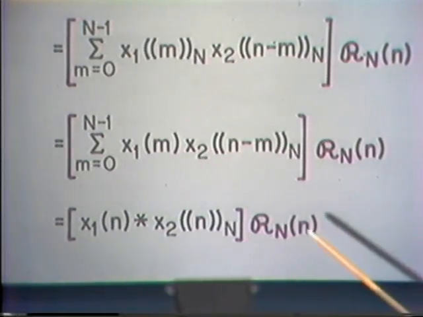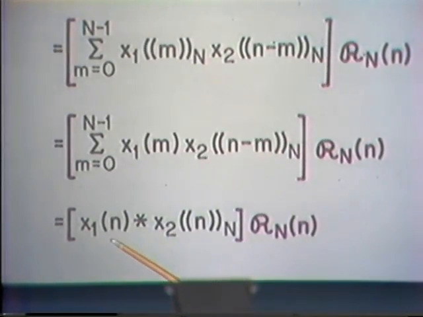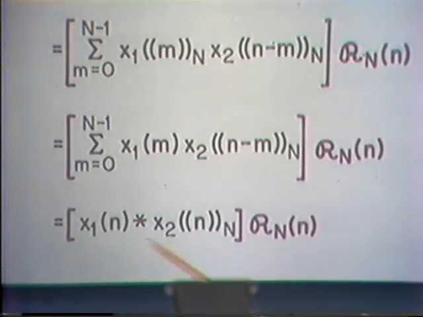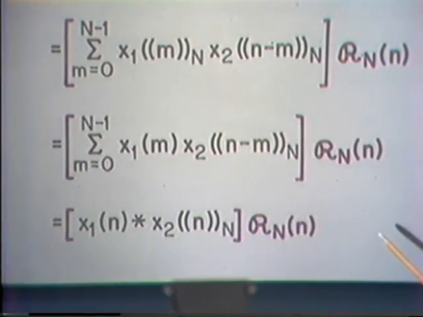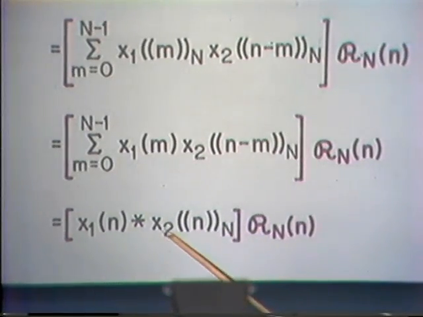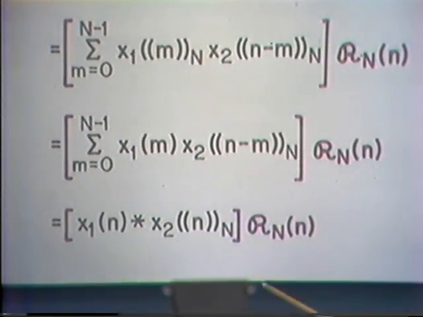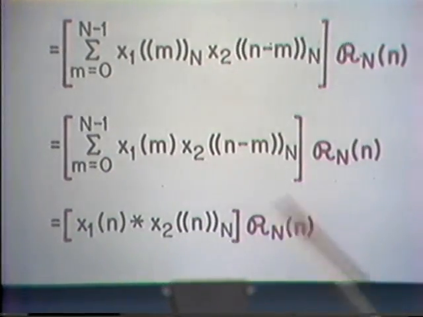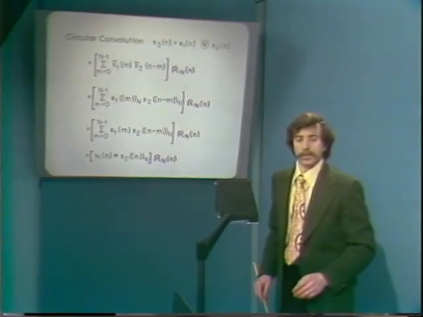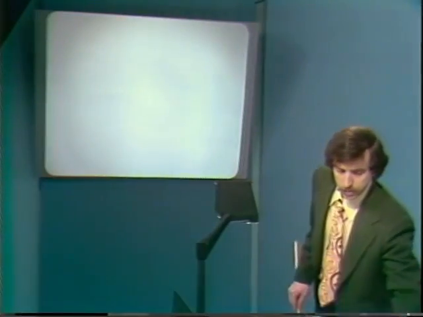So, in fact, another way of looking at circular convolution would be to form the linear convolution of x1 of n with the periodic counterpart of x2 of n, carry out that linear convolution, and then extract one period, which is what this function r sub capital N of n is doing. How can we get the periodic sequence from x2 of n? Well, we could do that, for example, by convolving x2 of n with a pulse train where the spacing of the pulses is capital N. And that's illustrated on the next view graph.